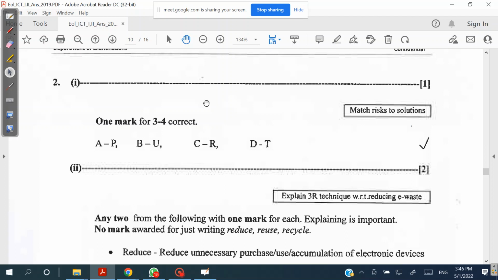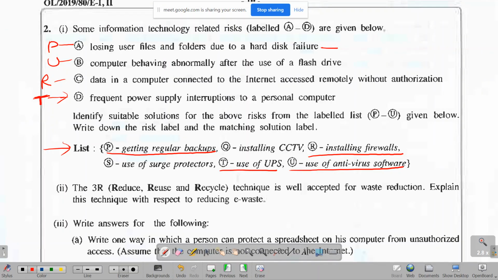Right, moving to the next part. The 3R techniques is well accepted for waste reduction. Explain these techniques with respect to reducing e-waste. So I'll go by the marking scheme.